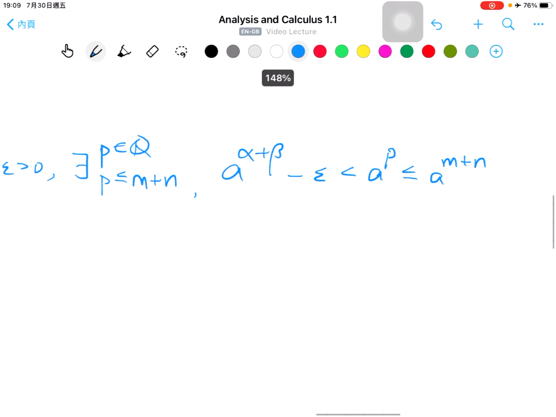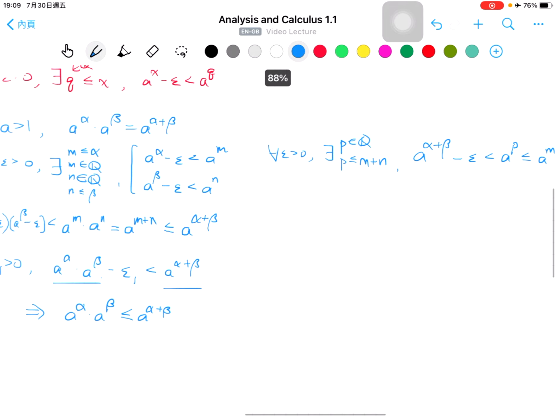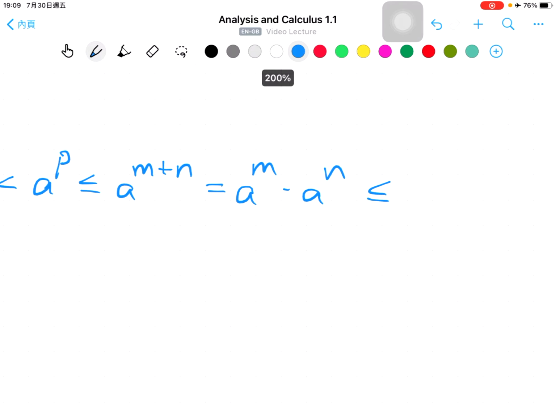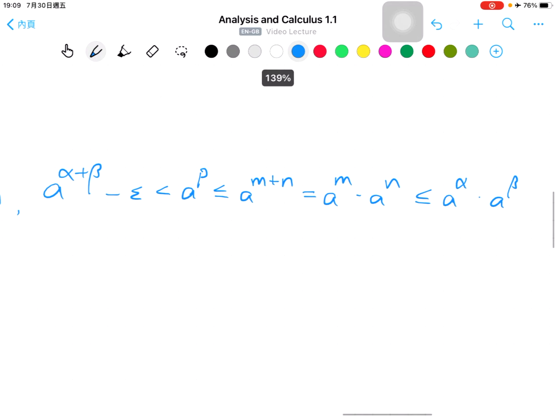And m plus n are what? From before, we know they are rational numbers. So this can be written as a to the m times a to the n, and the same thing goes on. a to the m times a to the n is smaller than or equal to a to the alpha times a to the beta.